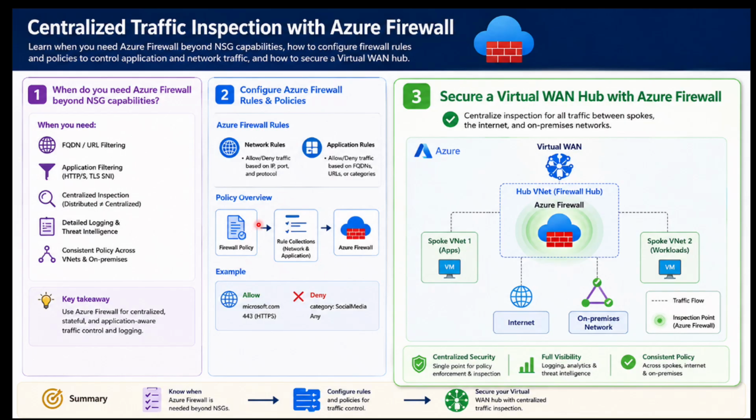We're also going to look at a policy overview and some examples of how that works. And obviously the big thing is this hub VNet or firewall hub for Azure Firewall to centralize inspection for all traffic between spokes, the internet, and on-premises networks for big hybrid companies. All that we're going to be looking at in the next module. So let's get started.